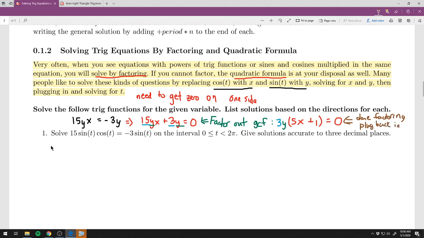So we got 3 in place of y, we use sine of t. Then we got parentheses. You can write brackets if you don't want too many parentheses, just to make it look a little nicer. 5 times x, which is cosine of t, plus 1 equals 0.